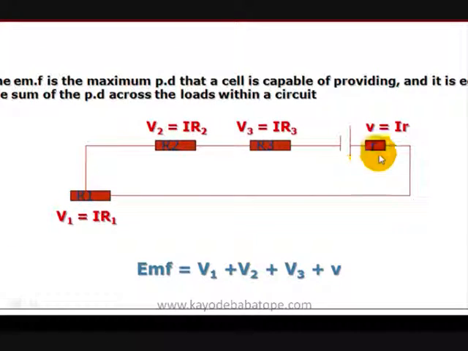Therefore, the EMF of this cell is given by V1 plus V2 plus V3 plus V. That is the potential difference across the resistor 1 plus the potential difference across the resistor 2 plus the potential difference across the resistor 3 plus the potential difference across its own internal resistance, the potential difference across the electrolytes inside the cell. So EMF of this cell is equal to V1 plus V2 plus V3 plus V.